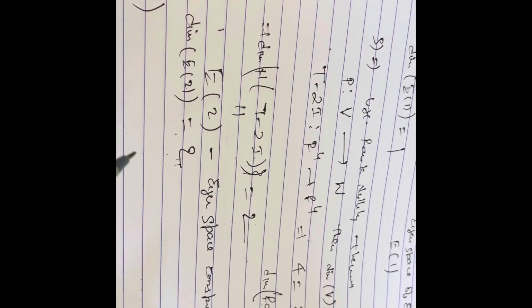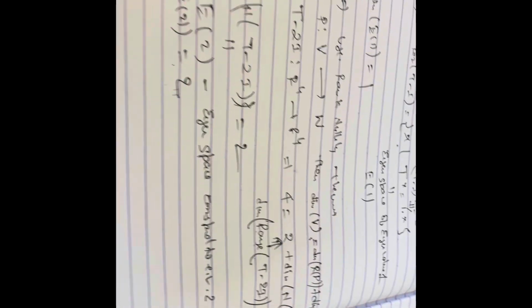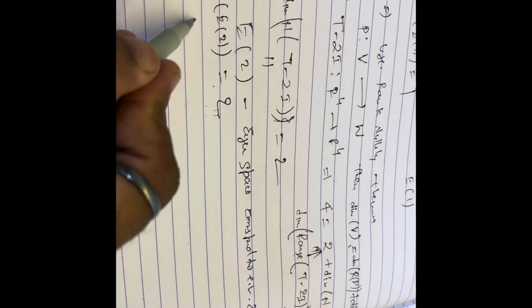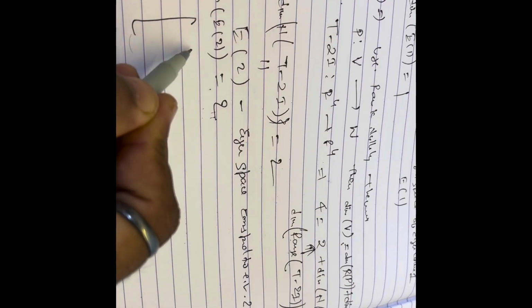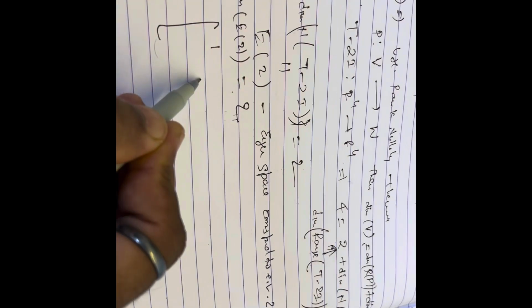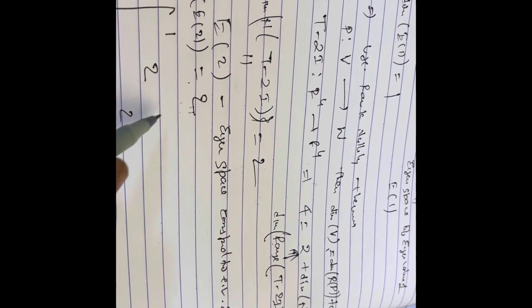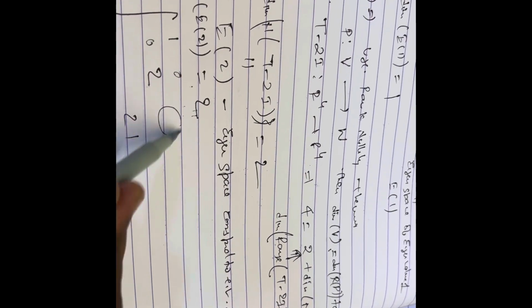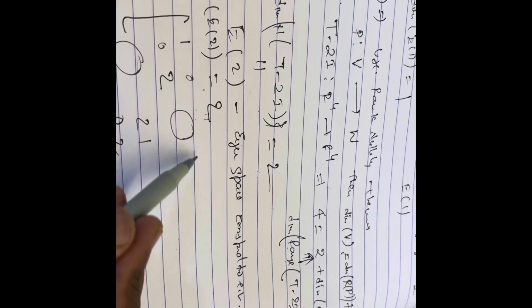Now what are the choices? Choice A, if you refer back to the question, is given like this: 1, 2, and then 2, 2, 1, 0, and here it is 0, and this is a 0 block. So finally, how many Jordan blocks does it have?